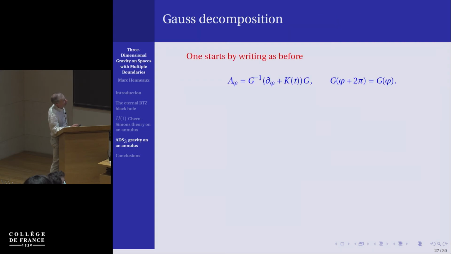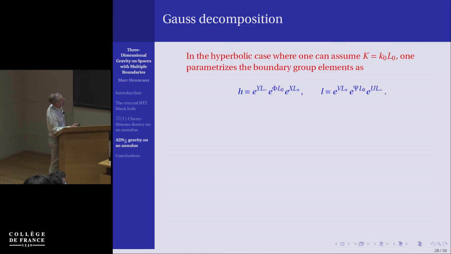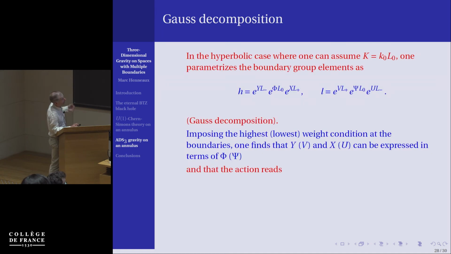If you insert that into the expression of A_phi in terms of H, L, and the holonomy, you will get some conditions that you can solve to express completely the field Y and the field X in terms of phi, and the field V and the field U in terms of psi. So in the end, you will end up with only one independent field for each boundary, and I have taken the same notation as for the chiral boson, because the action describing the dynamics of these fields will be exactly the chiral boson action.